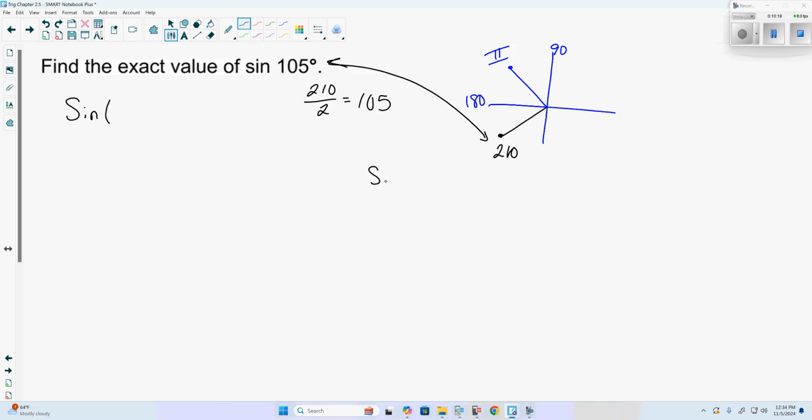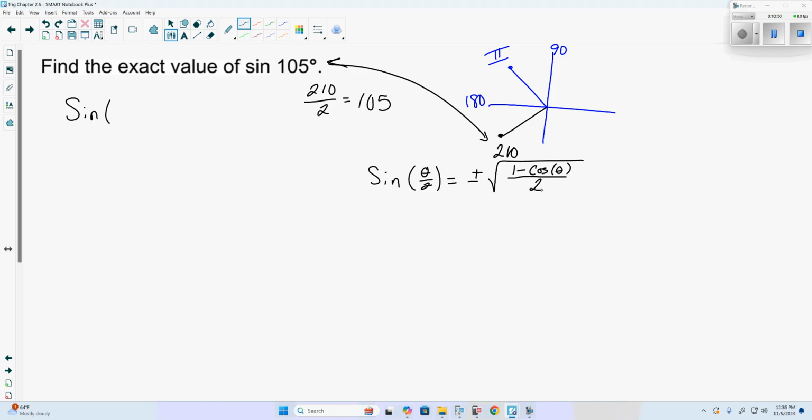Because sine of theta over 2 is equal to plus or minus the square root of 1 minus cosine of theta over 2. And this here is our half angle formula.